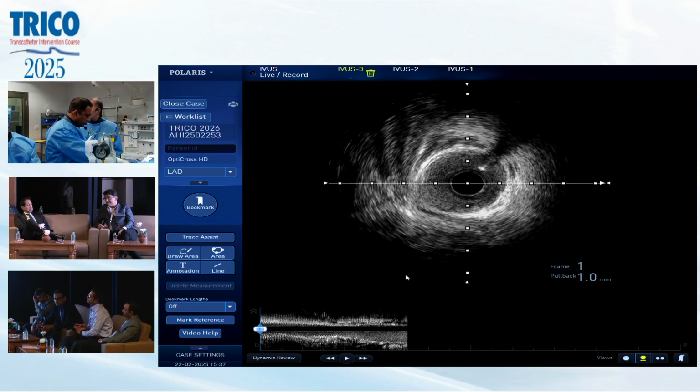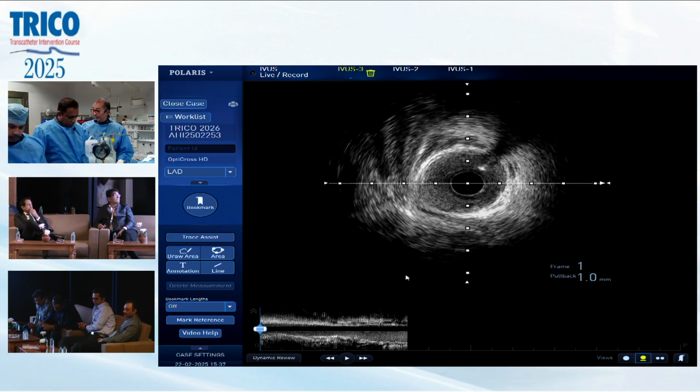Dr. Asakawa, what do you think? It might be very difficult to go in. Yeah, so I need to dilate it. So let's get one for one. The reason I hesitate to dilate it is I see a lot of side branches like that, and it turned out to be not significant by IFR.